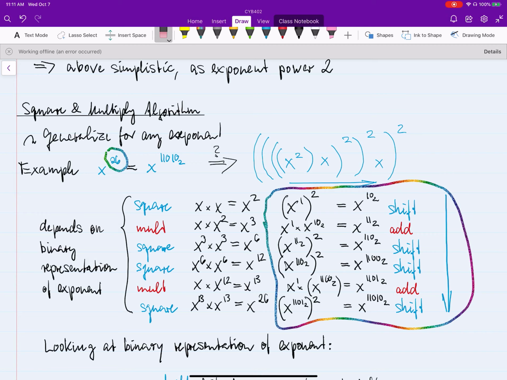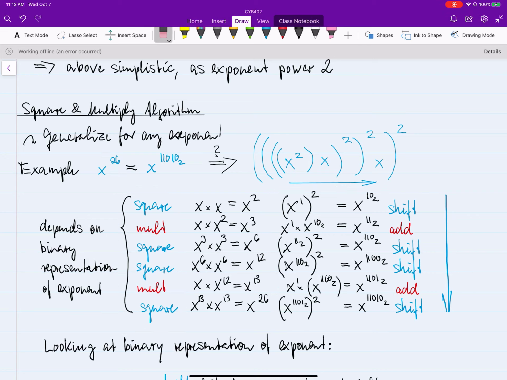So in other words, the mixture of squaring and multiplying in order to compute the final result resolves into doubling the exponent for squaring and adding 1 to the exponent for multiplication.